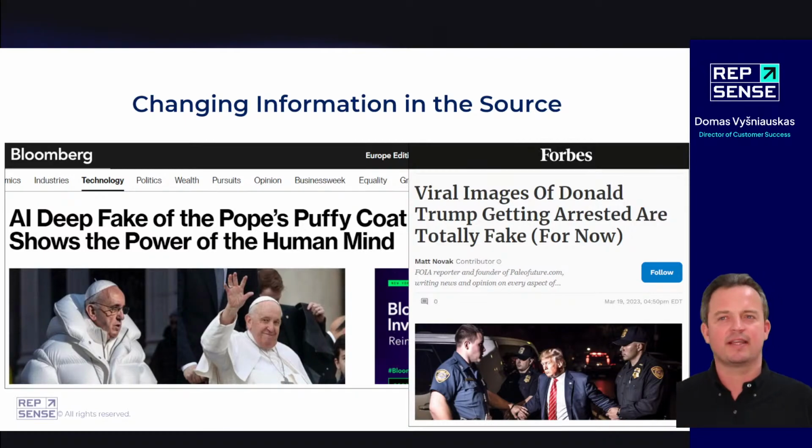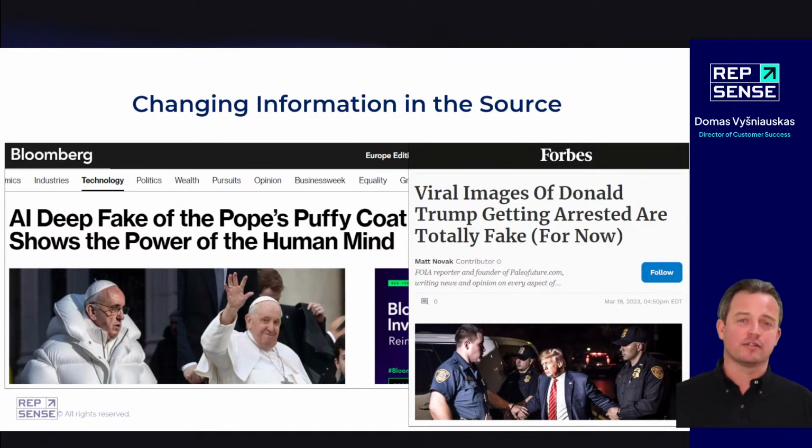Like in this example with the Pope wearing a puffy coat, or Donald Trump being arrested before he was arrested, of course both websites said it's fake. It's artificial intelligence generated content, and these are not realistic. But now, or at least for a while, when you go to the trustworthy source, this was the information that has been put out there. And you know what? It's not deleted. It's still there.